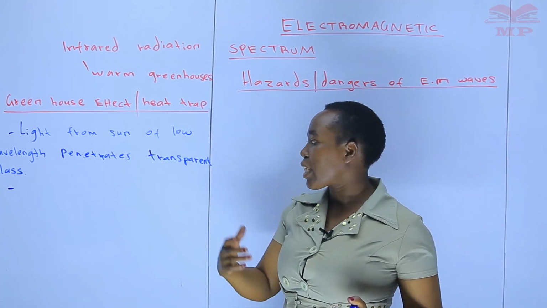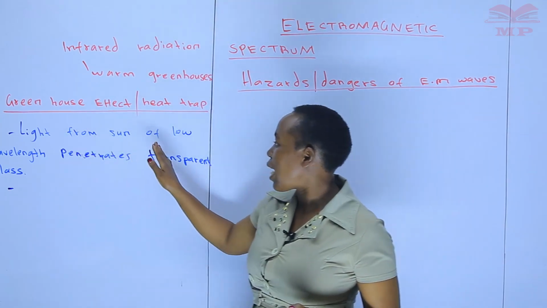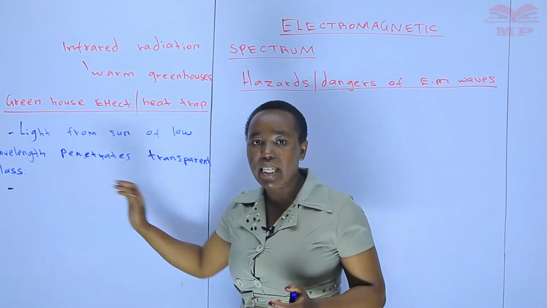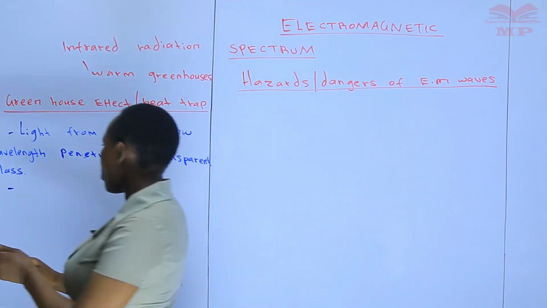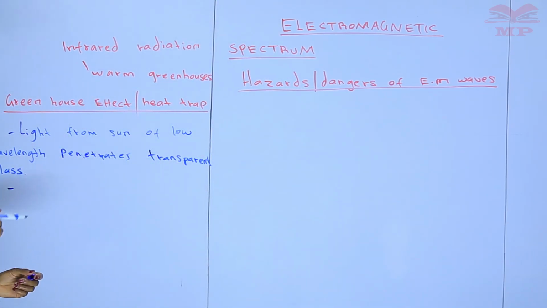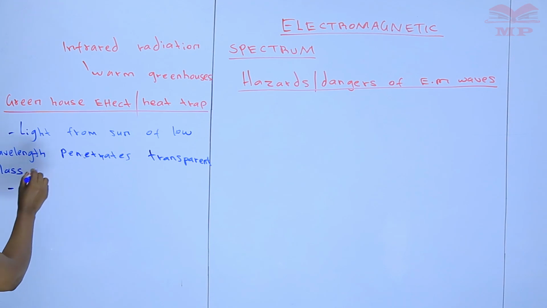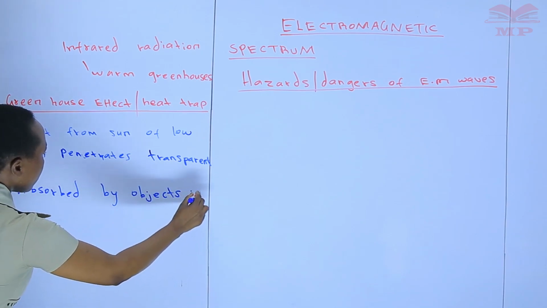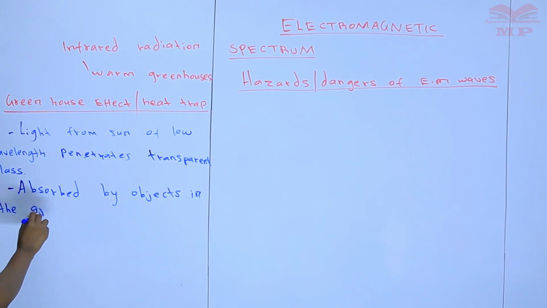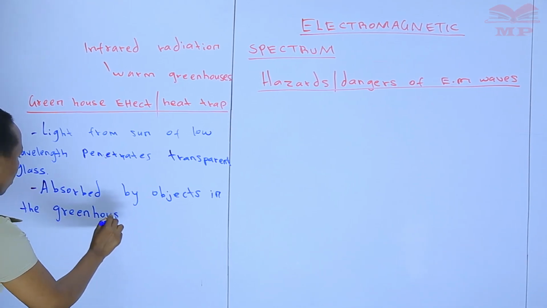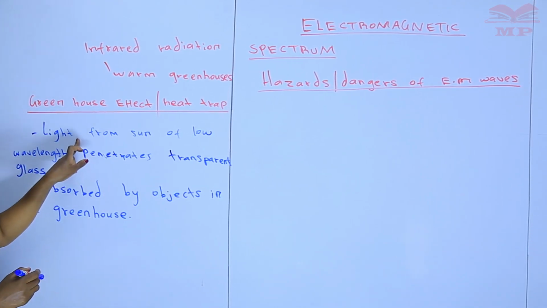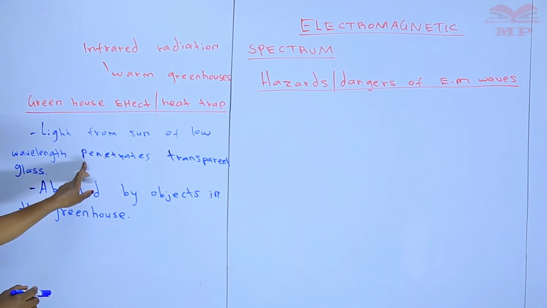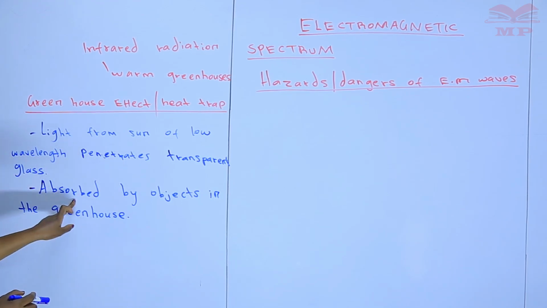So when the light from the sun penetrates the glass in the greenhouse, it is absorbed by the objects in the greenhouse. So that's what happens. Light from the sun of low wavelength penetrates the glass, then it is absorbed by the objects that are in the greenhouse.